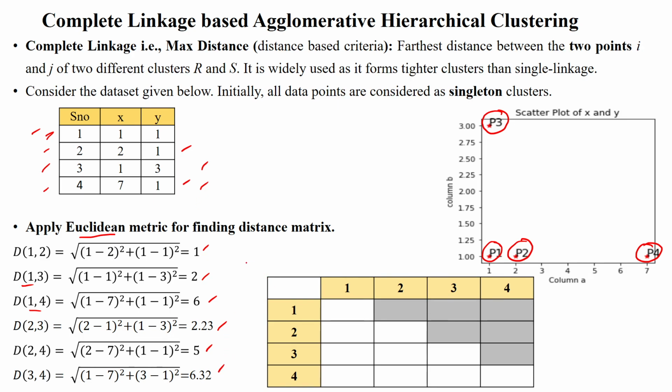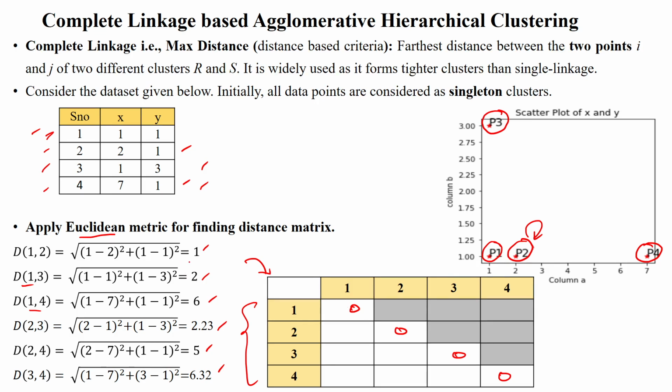Now we will fill the data in the distance matrix. So four data points in the rows and four data points in the columns. Now we will fill the diagonal values, the distance between the cluster itself, so the distance between the cluster itself is always 0.